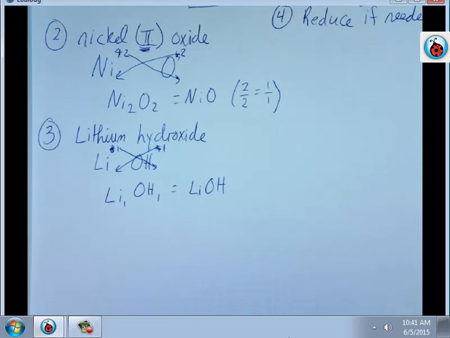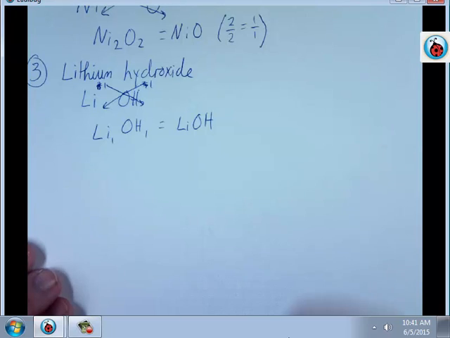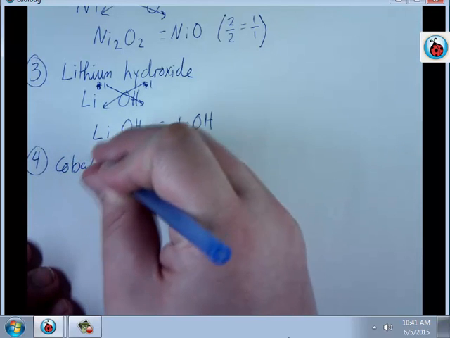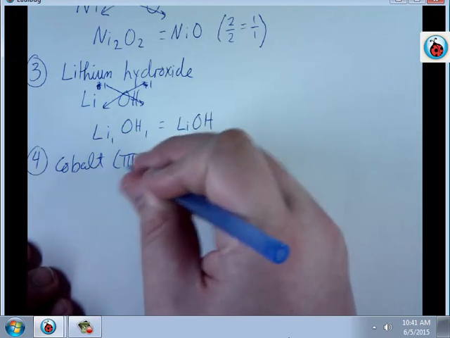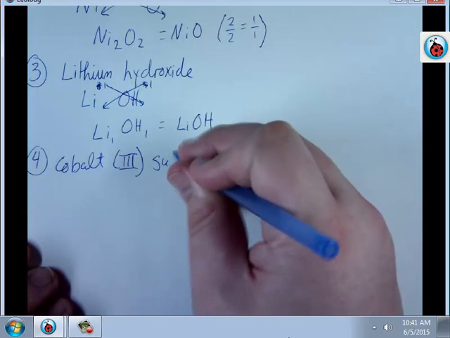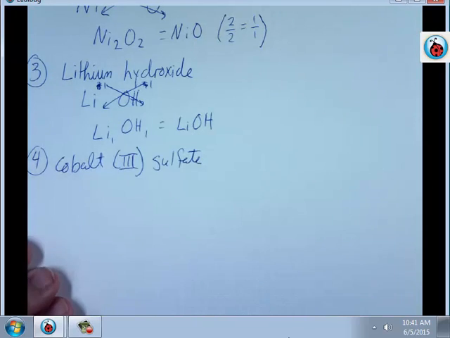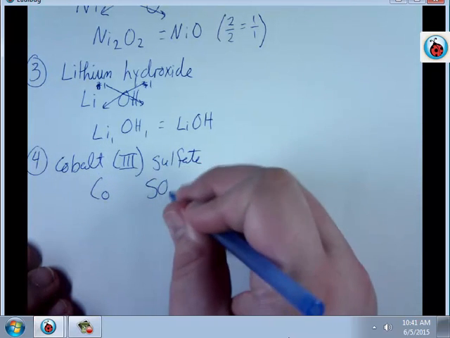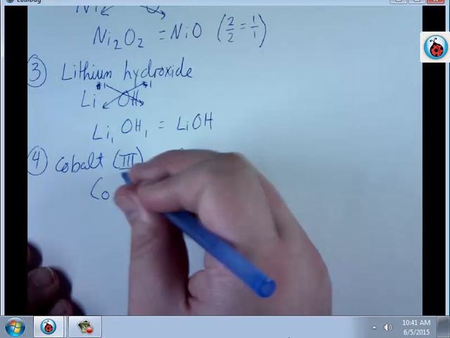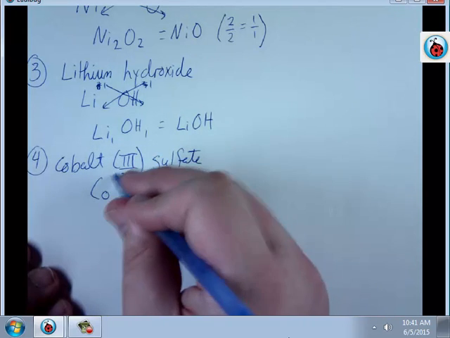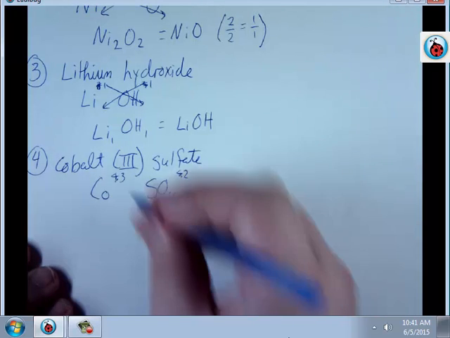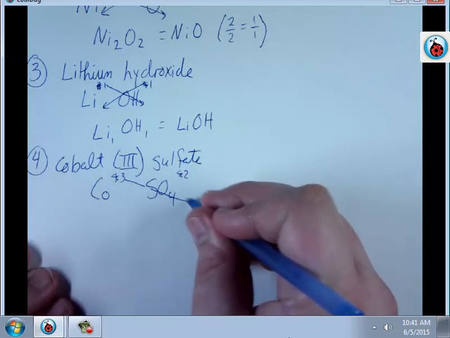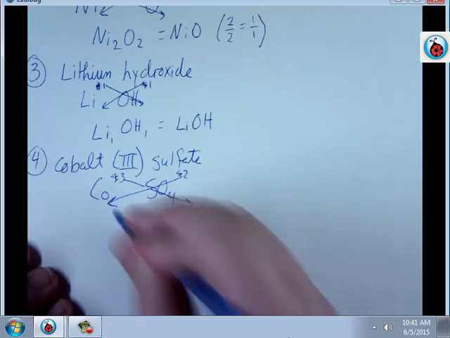Now this next one might be a little tricky. Cobalt 3 sulfate. Alright, cobalt is Co, sulfate is SO4, this one's -2, this one's +3. I'm going to drop the signs, and when I crisscross, pay close attention to how this one's going to be written.